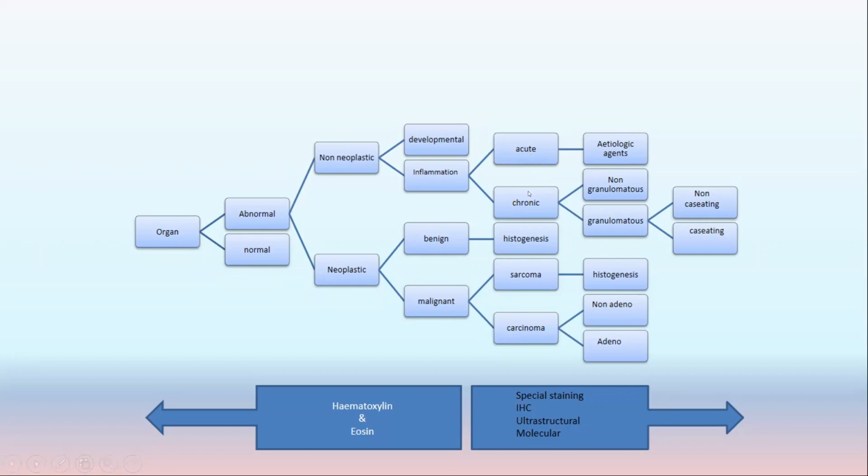Like acute inflammation, you see the difference between acute and chronic based on the cells that you could see under the microscope. If acute, you can decide what the etiologic agent is, whether it's bacterial, fungal, virus, parasite, and whatnot. If it is chronic, you have to decide whether it is a non-granulomatous or granulomatous lesion.